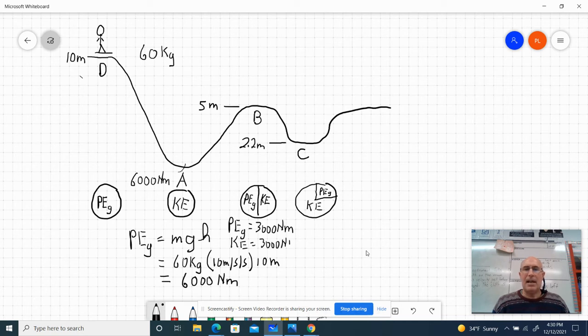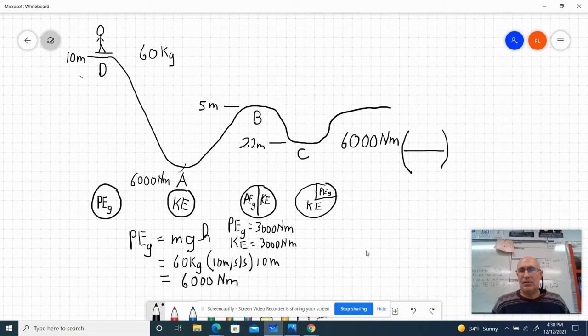And finally, our last spot is just a little bit harder, part C, because it's 2.2 meters and we don't know exactly how that number compares to 10. All right. So I'm going to start out and go ahead and write my 6,000 Newton meters for my gravitational potential energy at the start. But I do know how the gravitational potential energy at C compares to the start.